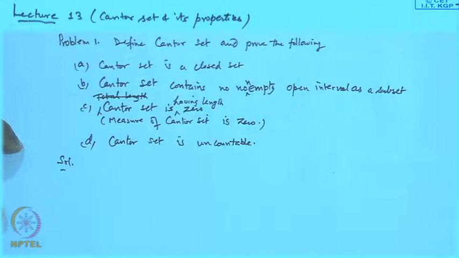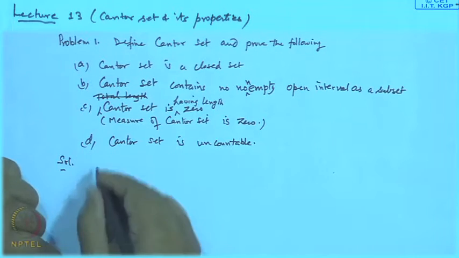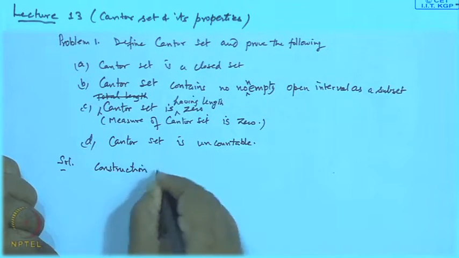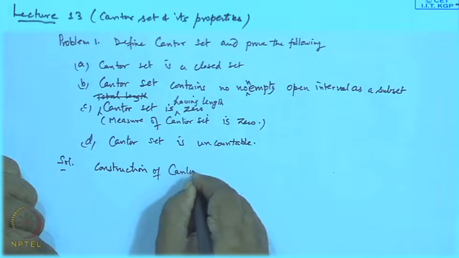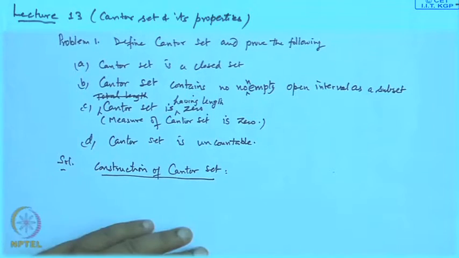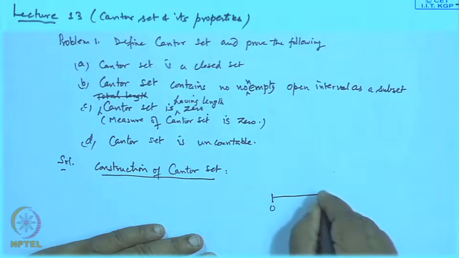So, first let us define the Cantor set. What is the construction of the Cantor set? Let us consider the closed interval [0, 1].